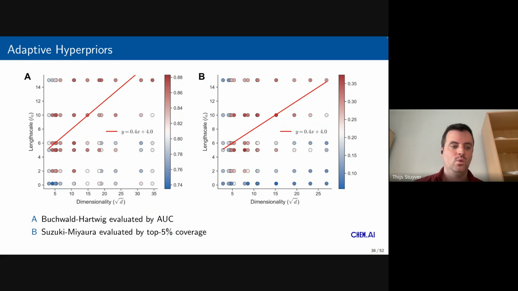And so what you observe is that when you go to a mismatch of dimensionality and length scale, so when you either go to the upper left corner or the bottom right corner, there you start seeing blue dots or more blue shaded dots, which indicate that the performance of our Bayesian optimization campaign is less good.